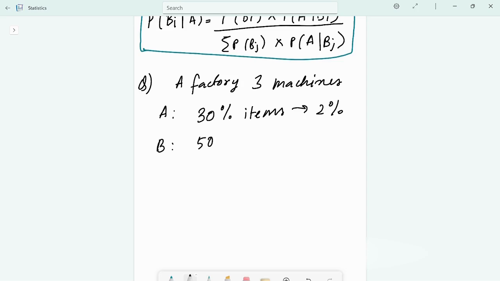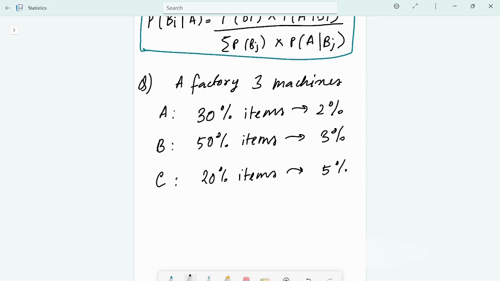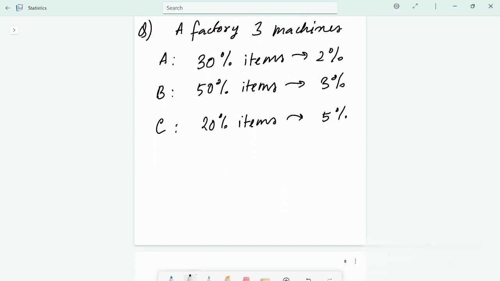Machine B produces 50% of the items, where 3% are defective. Machine C produces 20% of the items, where 5% are defective. Now, what is our question? What is the probability that a defective item came from machine B?